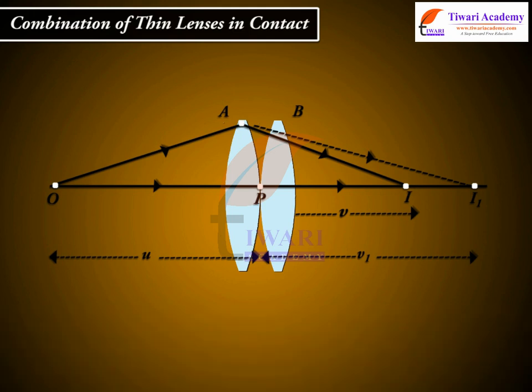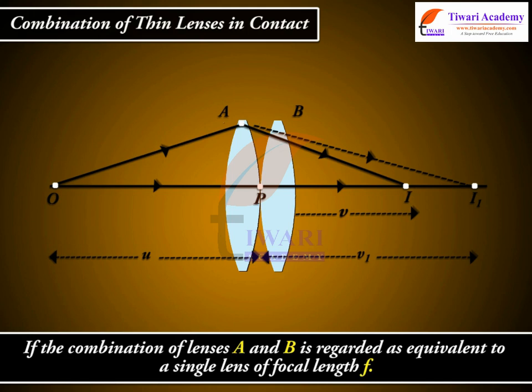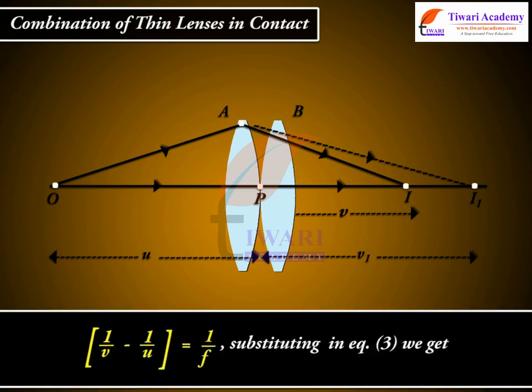Equation 3. If the combination of lenses A and B is regarded as equivalent to a single lens of focal length f, 1 by v minus 1 by u is equal to 1 by f.